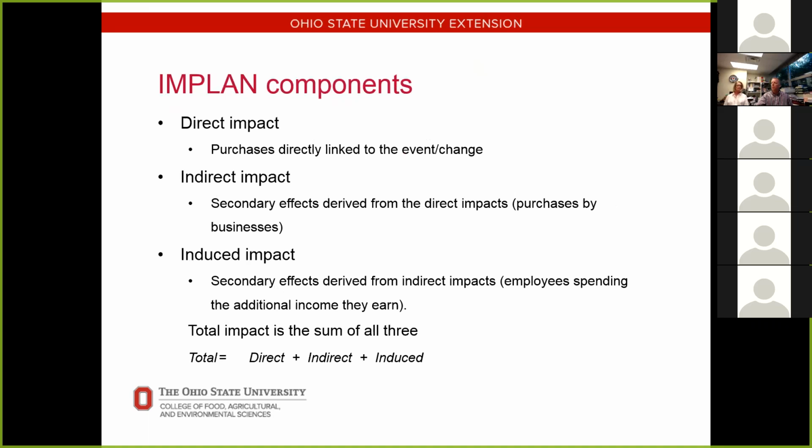Induced is the result of employees' reduced or increased spending, and in turn, they spend those monies out in the community at restaurants and retailers and such. The total of the three is the total impact. So those components are just important to understand.